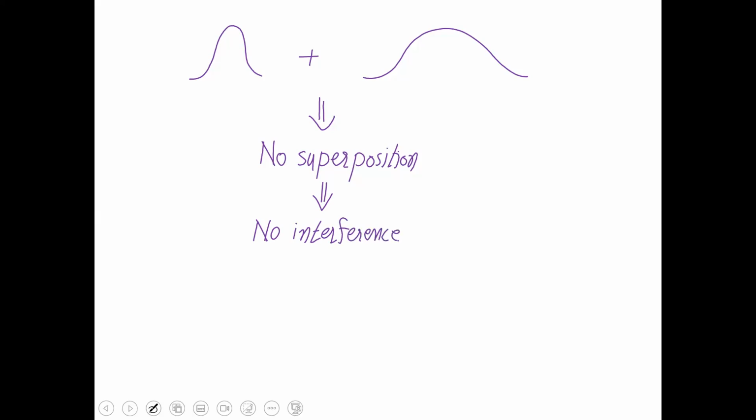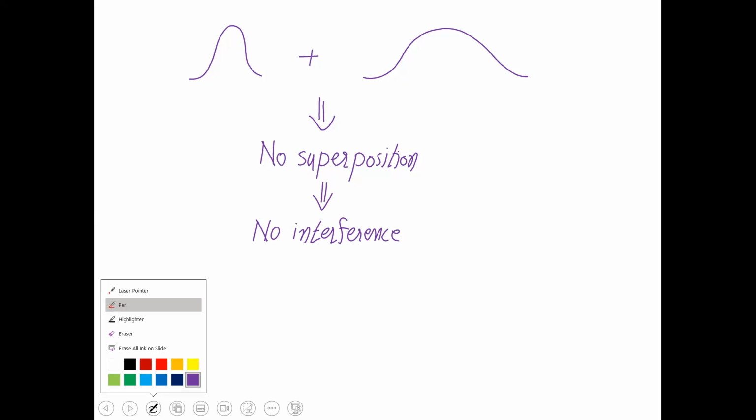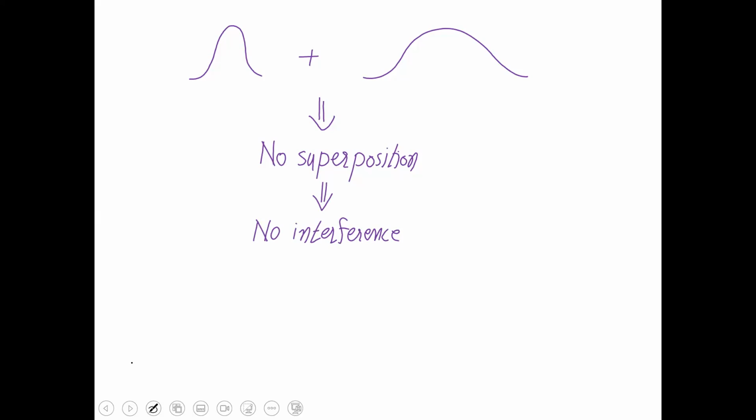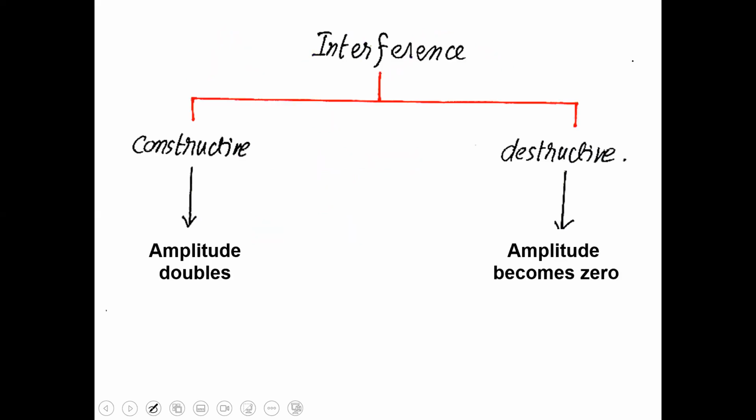No superposition, no interference. The two waves are not coherent. So what is the concept? The waves are coherent, so they can superimpose. When they superimpose, then they can interfere.